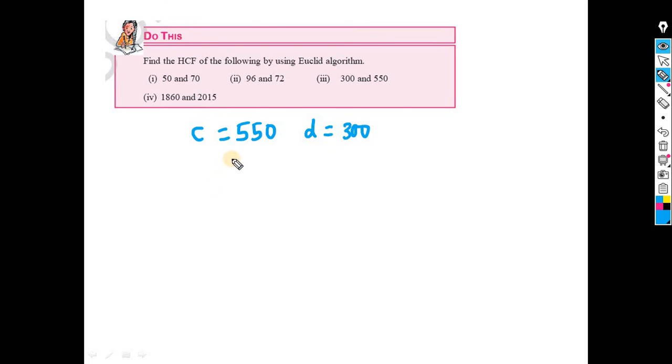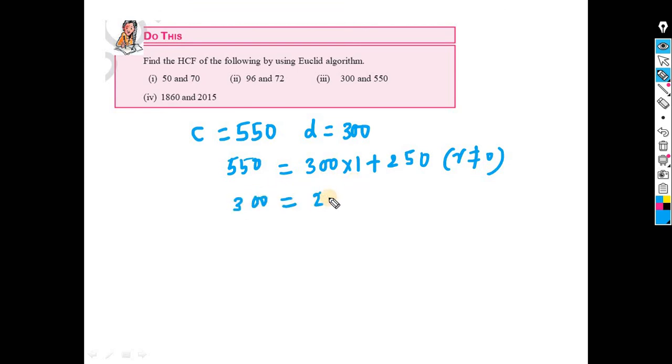Now I have to write 550 using 300. 300 into 1 plus what is the remainder? 250 is the remainder, which is not equal to 0. Now I have to write 300 using 250. 300 is equal to 250 into 1 time plus the remainder 50.